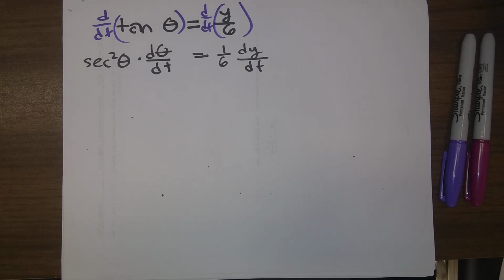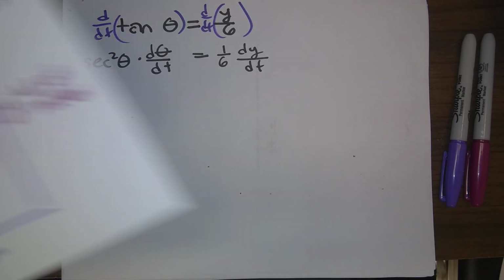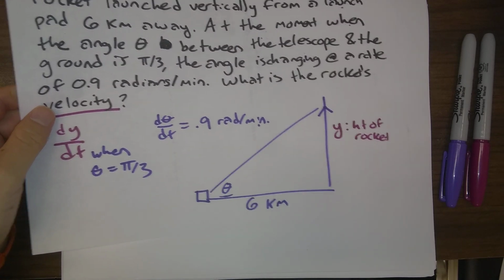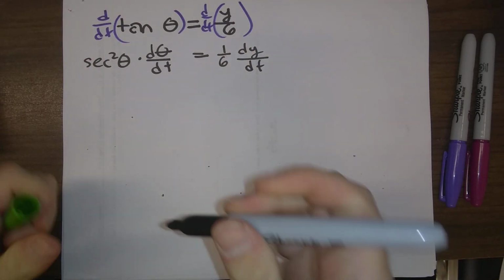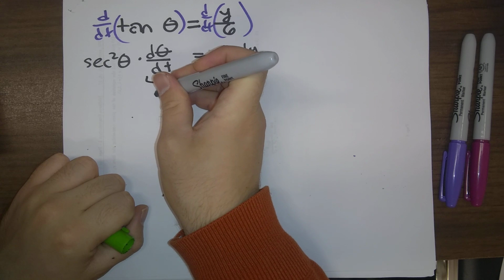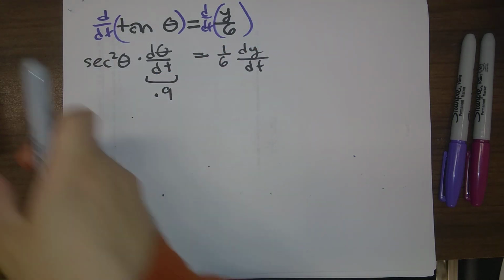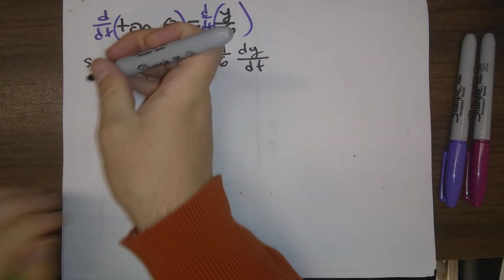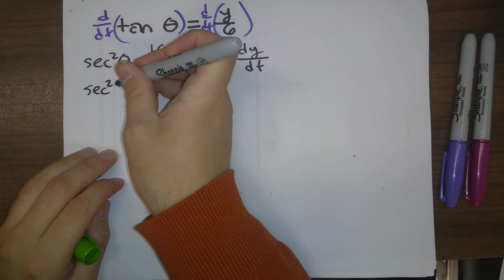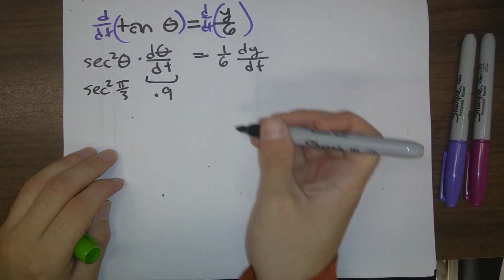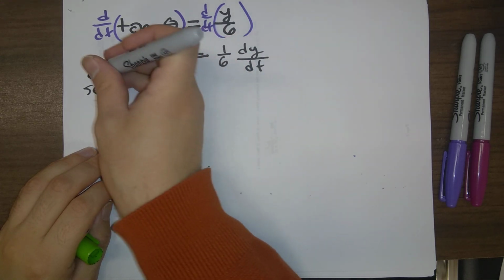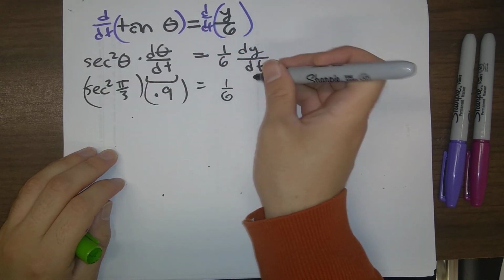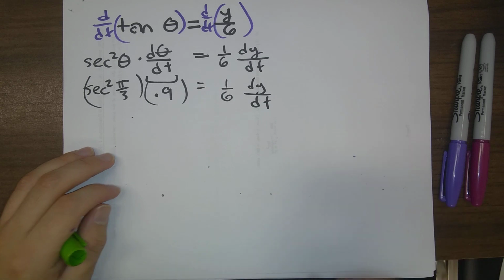Okay, so now we have to plug in all of the information that we have. So what do we have? d theta/dt is 0.9, and we're interested when theta is pi over 3. So this is secant squared of pi over 3 times 0.9 is equal to 1/6 dy/dt.